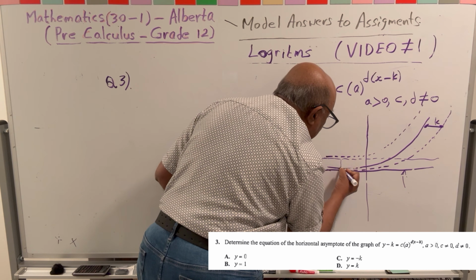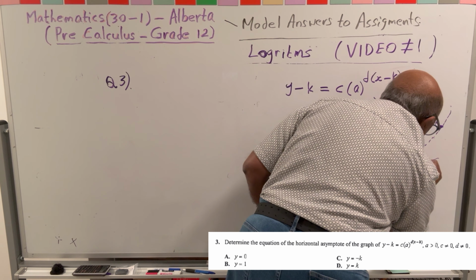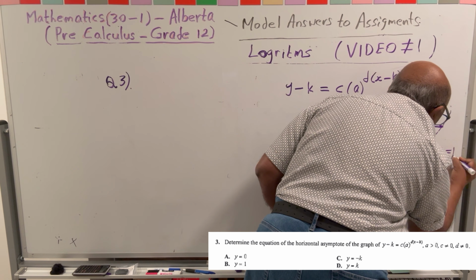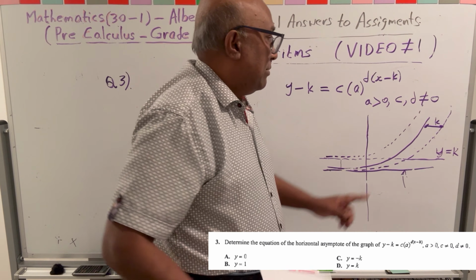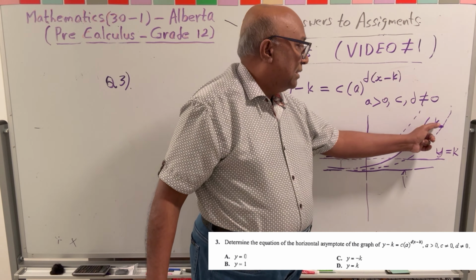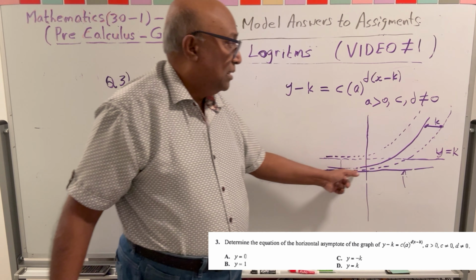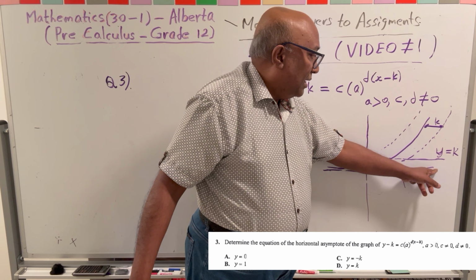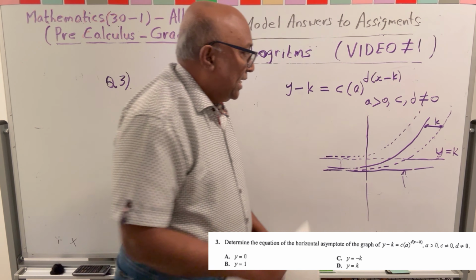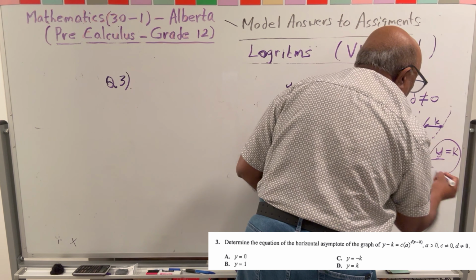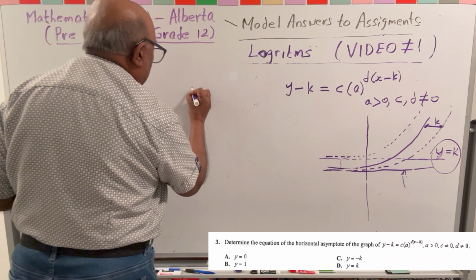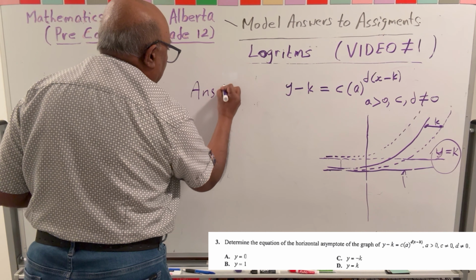This distance is k. That means the equation of this line is y equals k. The horizontal translation doesn't matter to identify the asymptote. So the equation of the horizontal asymptote is y equals k. Y equals k is answer D. Answer is D.